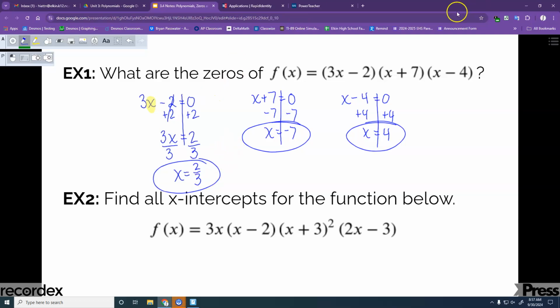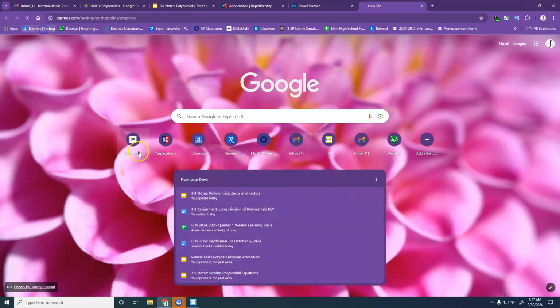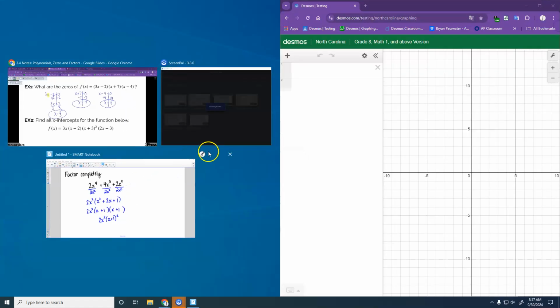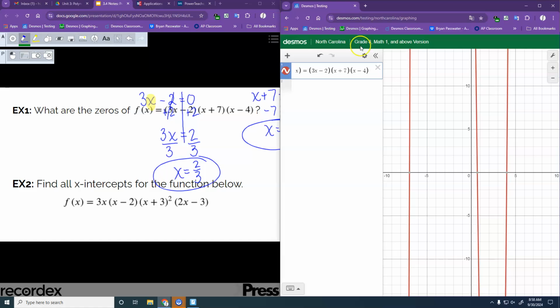So now you can also do these on Desmos. So let's open up a tab for Desmos here. I'll drag it over to the side. So if I graph the original, if you look at your x-intercepts, they are at -7.